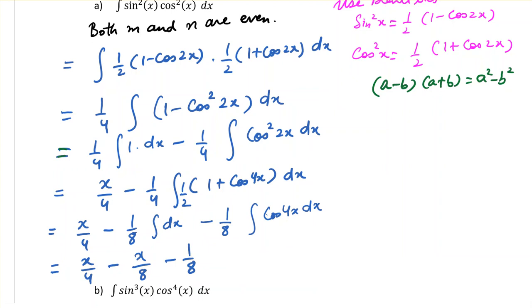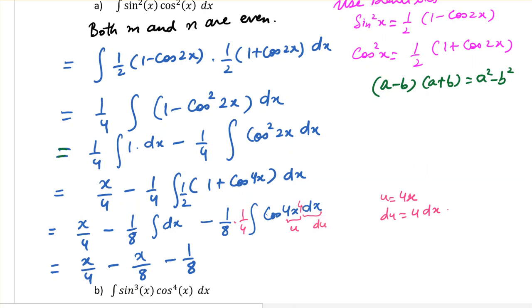In this case you can again think of 4x as your u, and then the differential of that should be 4 times dx. It means you need a 4 here, so you need to divide by 4. So you can write 1 over 4, and you can write 4 times dx. So this is your du.